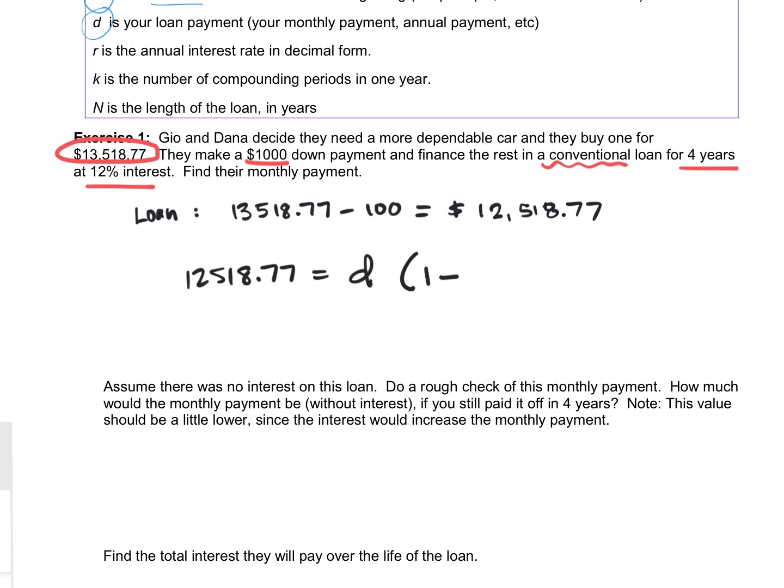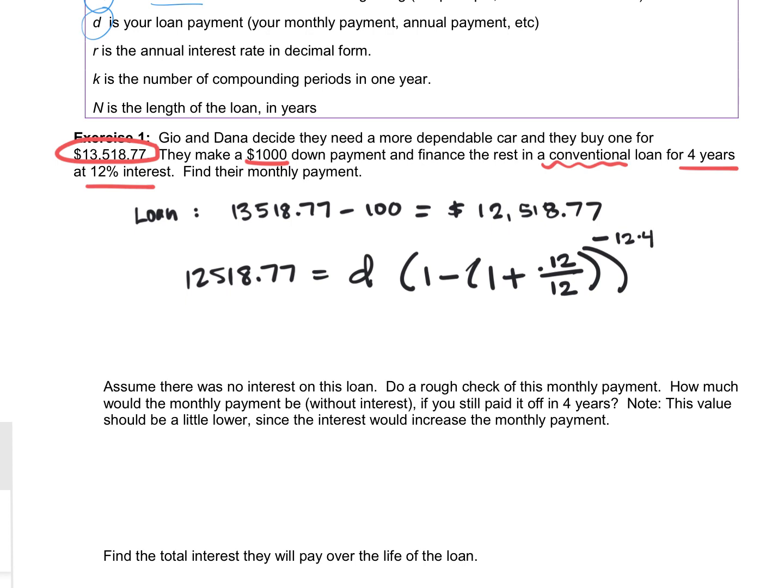We're going to write 1 minus, and the formula says 1 plus our interest rate, which 12% is 0.12, and we're paying monthly, so we're going to divide by 12. And then the exponent on here is going to be really the number of payments we make. So it'll be negative. We're doing it for 4 years, so it'll be 12 times 4.